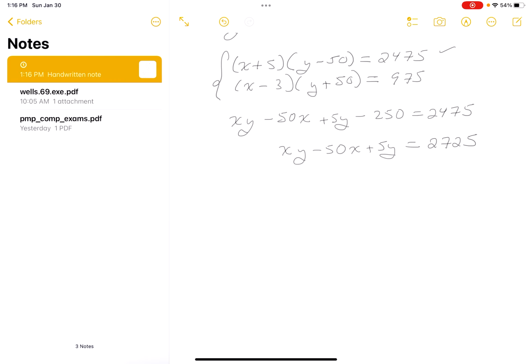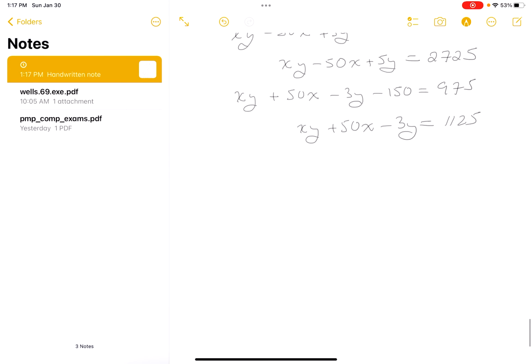Now, what do you get there? xy plus 50x, all right, minus 3y minus 150 equals 975. And I'm going to simplify that too. What do you get? xy plus 50x minus 3y equals, I'm going to be real careful here, right? So let's see, 1125, right?